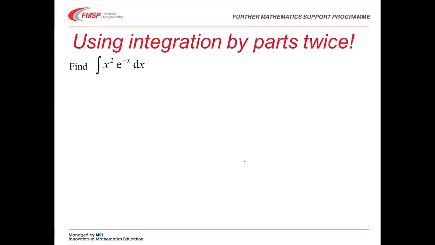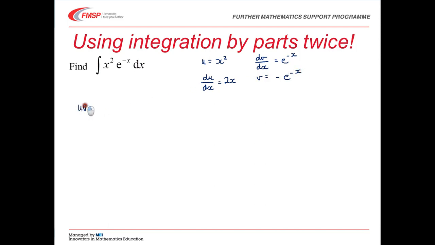Okay, sometimes you need to use integration by parts twice before you can get an integral that you can do. Here's an example. We're going to take u as x squared and dv by dx as e to the minus x. So du by dx is 2x and v is minus e to the minus x.